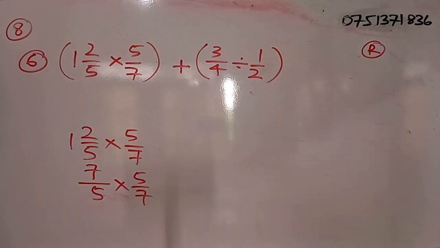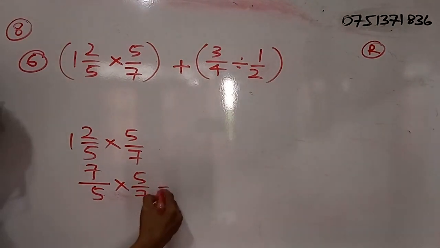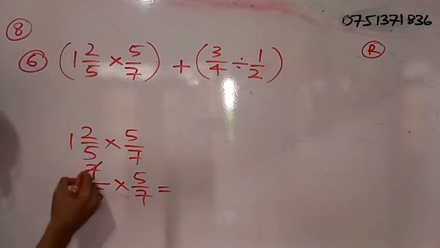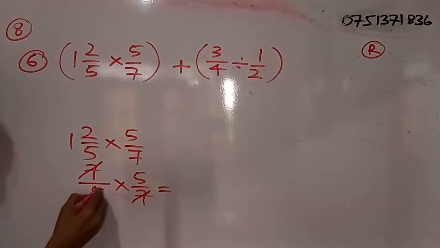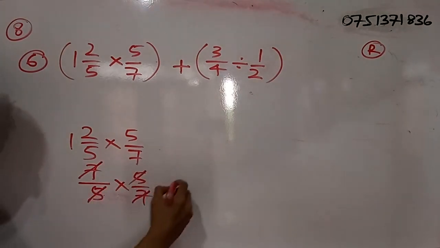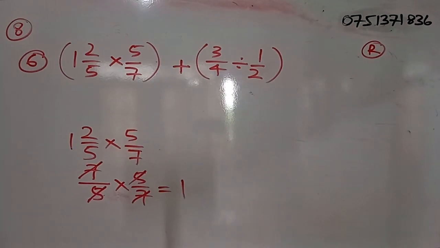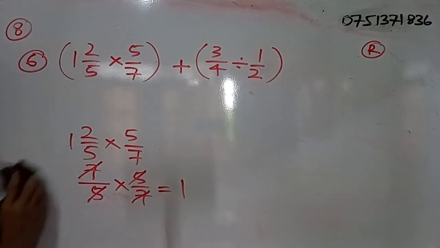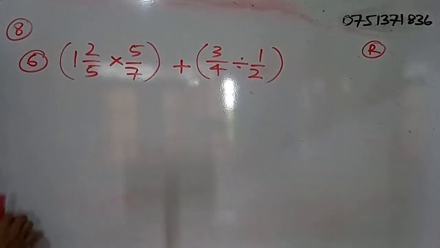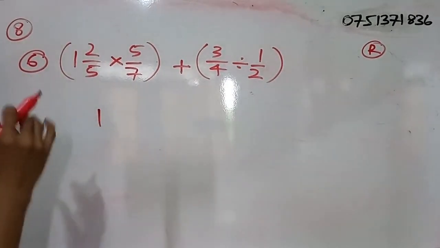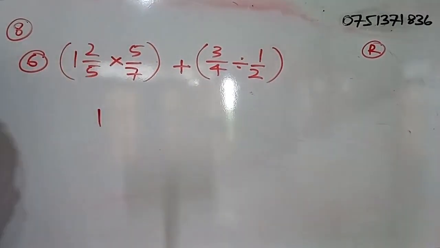Then what happens? The outcome will be what? I can cancel off the 7s and also I can cancel off the 5s. So the outcome will be 1. Right. So I will just write the outcome. Outcome is 1. So when you are doing it, there should be your workings.